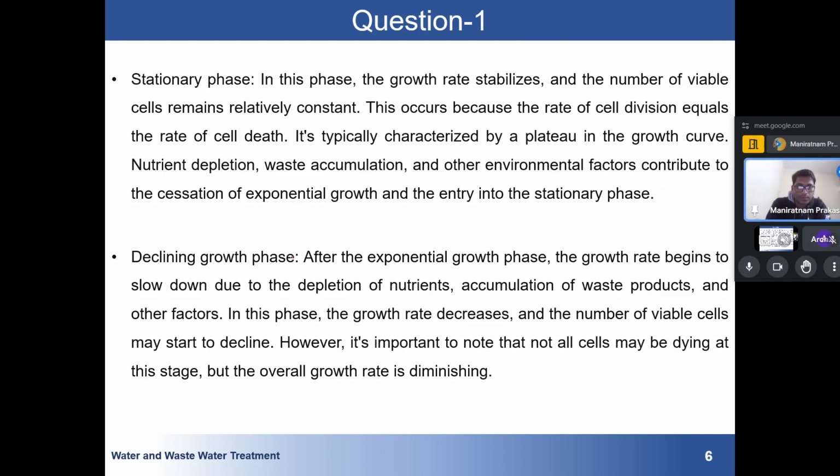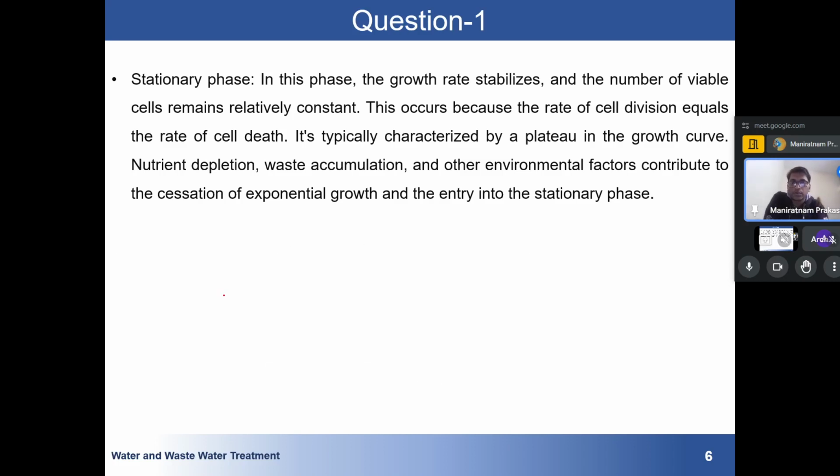So the growth rate decreases, and the number of viable cells may start to decline. However, it's important to note that not all cells may be dying at the same time, but the overall growth rate is diminishing. So I hope this is clear to you, why this is referred to as the declining growth phase.